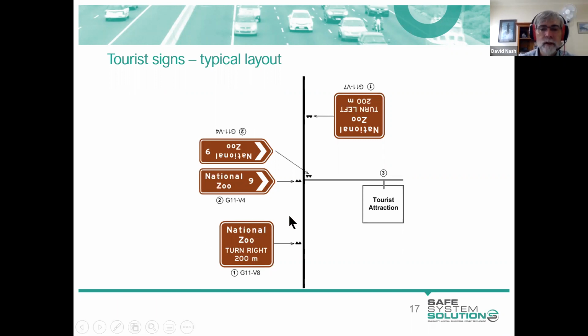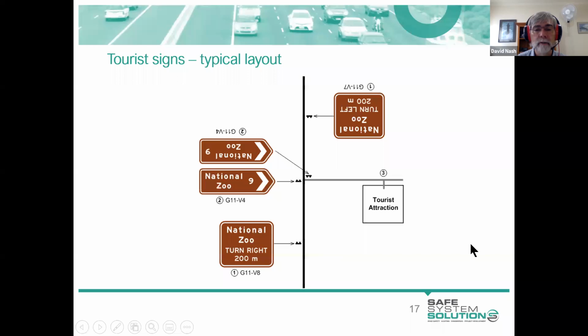So, for instance, if there was a driveway somewhere between this sign and this intersection, how do you know whether the arrow was telling you to turn right at the intersection or turn right at the driveway? Whereas the green signs are always telling you where to turn at a road because they're about directions on the road, they can have arrowheads. But the brown signs and the blue signs, the advanced ones, actually tell you to turn right 200 metres rather than an arrowhead.